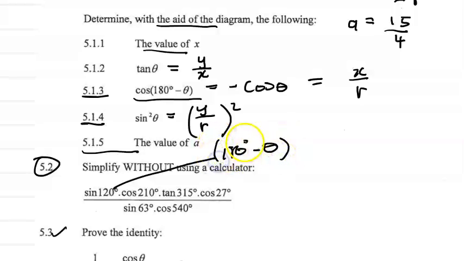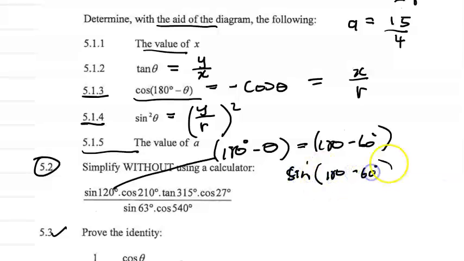Why? Because remember it's in the second quadrant. So basically I'm going to be left with sine of 180 minus 60 degrees, which is equal to, second quadrant sine is positive, so that's going to be sine of 60 degrees, and sine of 60 is a special angle, gives us root 3 over 2.